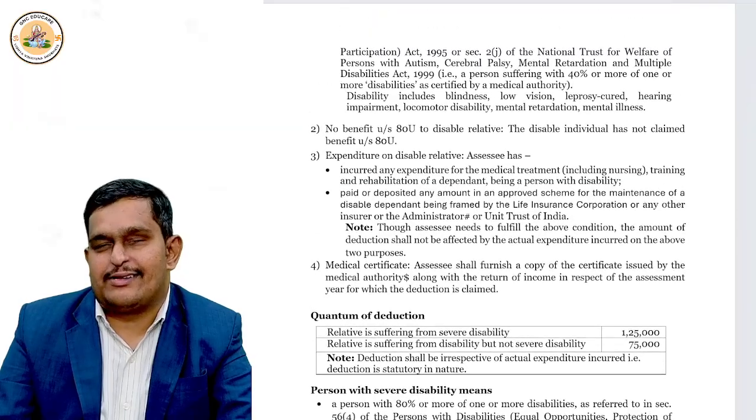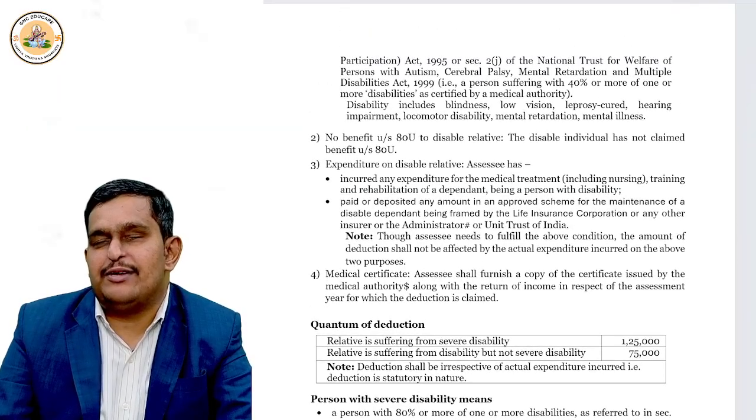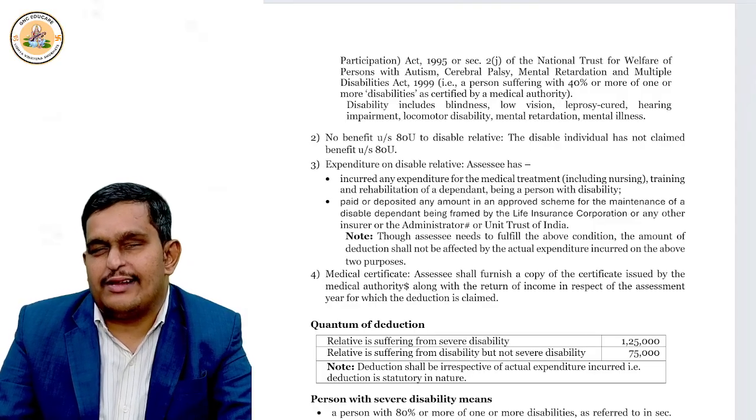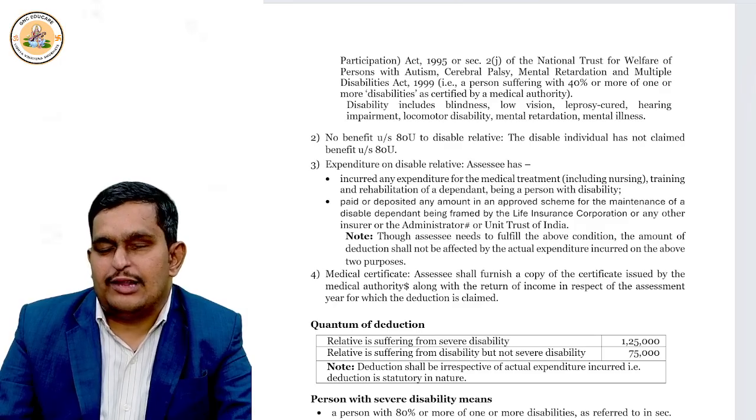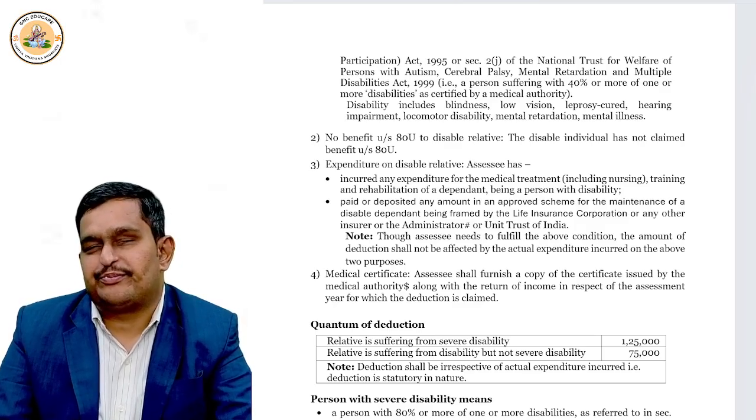Any type of illness which is certified by the medical practitioner, that too government hospital, such disability is perfectly covered here. So what I said: cerebral palsy, autism, blindness, right? I spoke about low vision, hearing disability, right? Like this you have to remember.